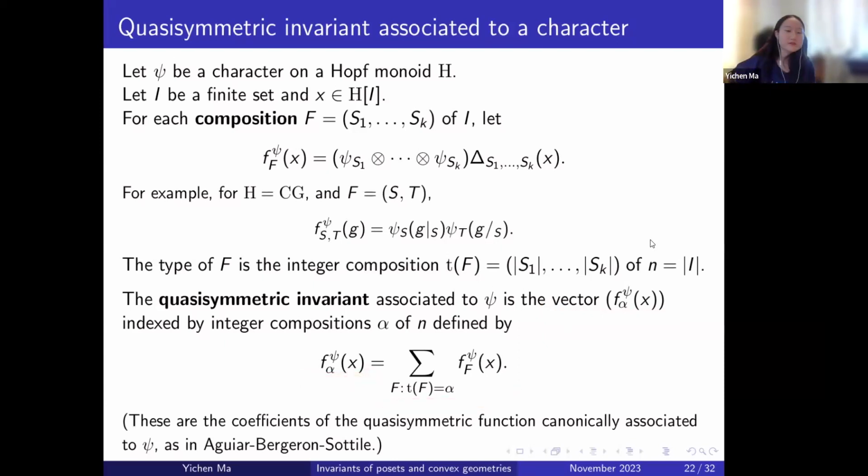These are the coefficients of quasisymmetric functions, first discussed by Aguiar, Bergeron, and Sottile. This is the function to a terminal object in the category of combinatorial Hopf algebras. And we will discuss this invariant in the setting of Hopf monoids and discuss the coefficients.